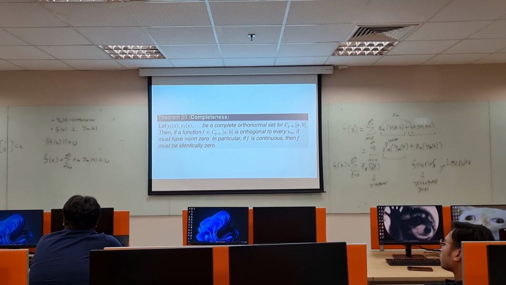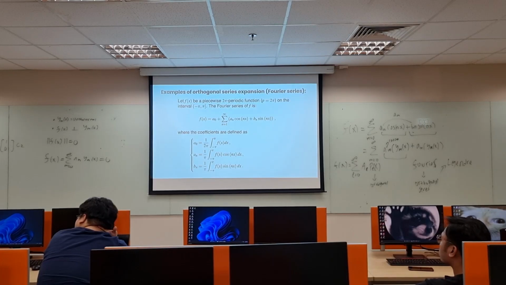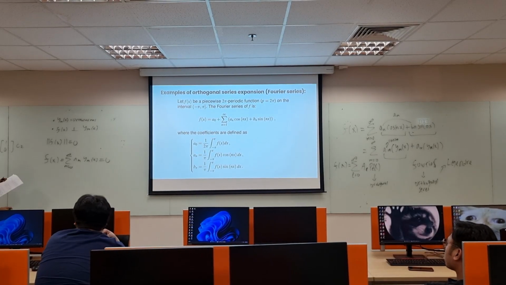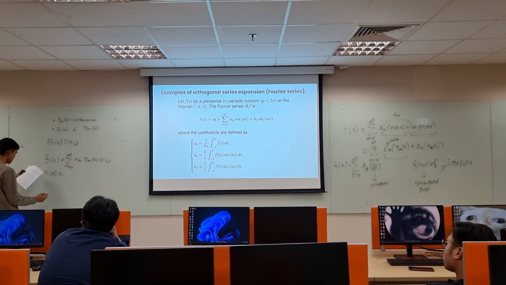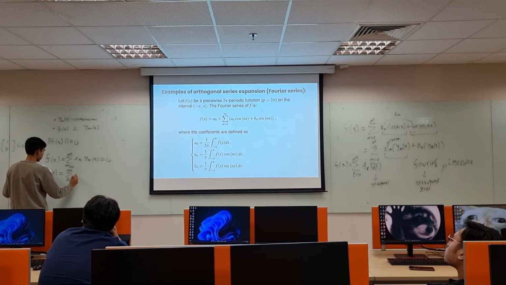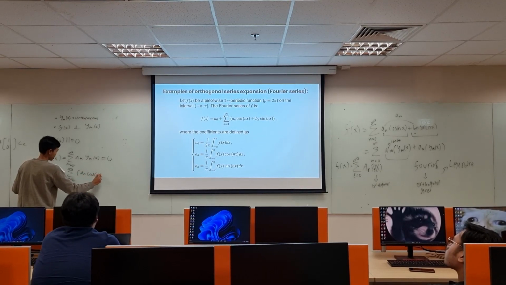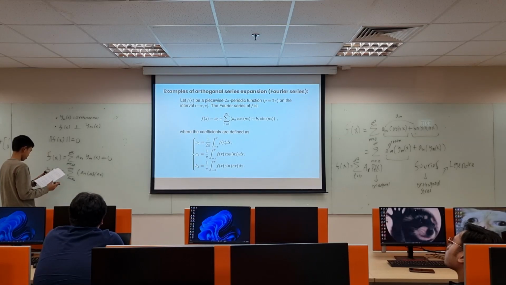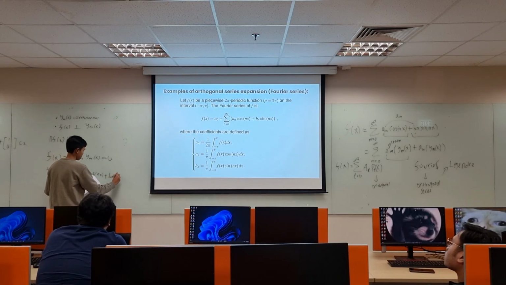Shall we continue or not? Okay, so we use the Fourier series, the sum from n equals 0 of a_n cos nx plus b_n sin nx.